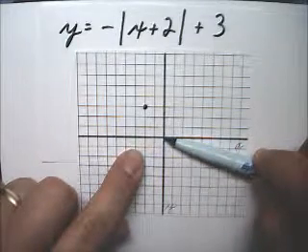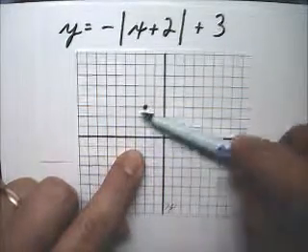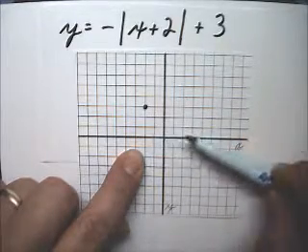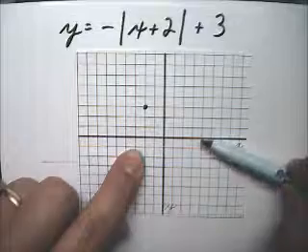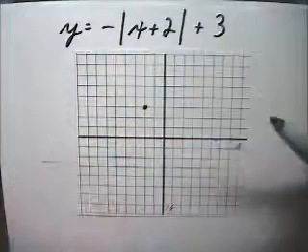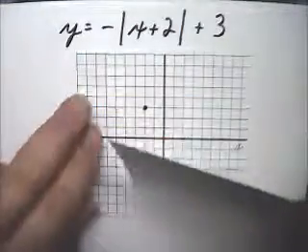Let's plug in x equals 0. See, this is going to come down this way, or maybe down this way. So if we plug in x equals 0, we should get some values here.